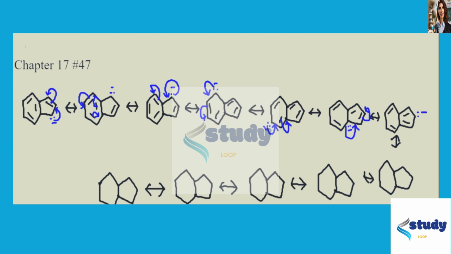And then from here, and then back around to the 6-membered ring.